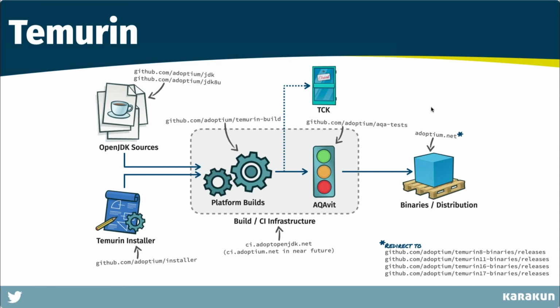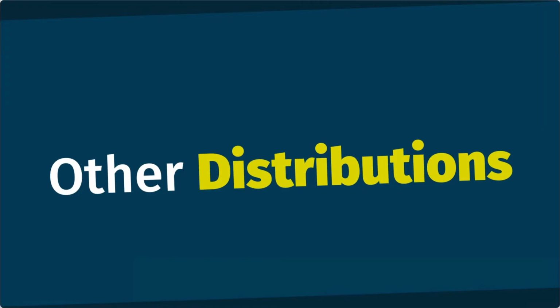And since the Aquavit test suite is open source, Temurin is not the only distribution that provides such tests and therefore, at the end, has such a quality, because there are other distributions too.